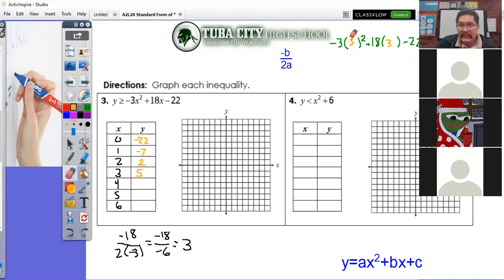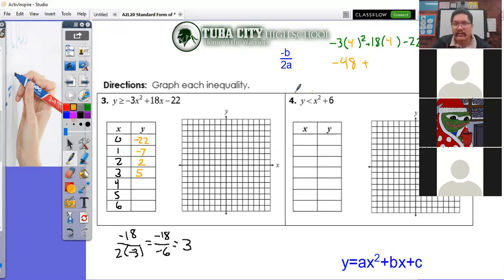So we got some big numbers coming up. Probably nothing we can't handle. 4 and 4 here. So 4 squared is 16. And 16 times 3, 48, so negative 48 plus 18 times 4. Is that really what it is?